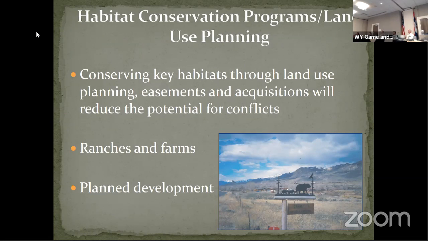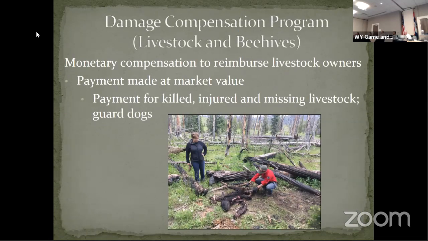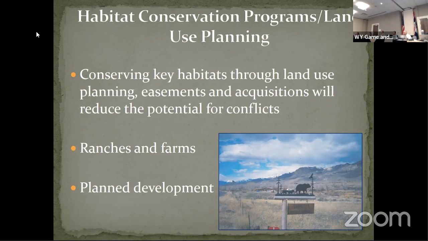Anything we can do to educate folks and secure the habitats that are already there will be beneficial long-term to keeping people safe and maintaining these critters on the landscape.